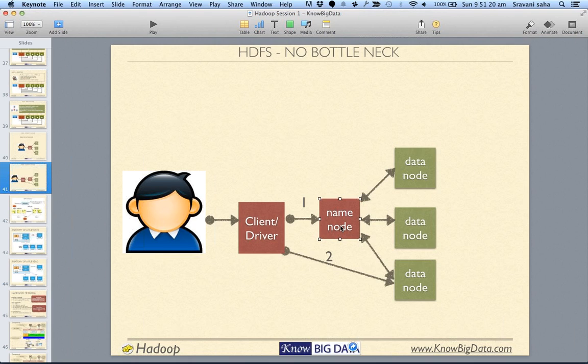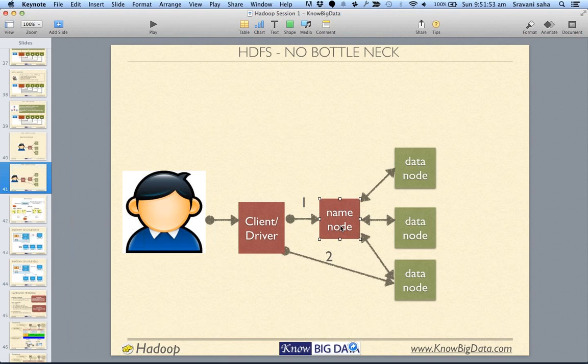So effectively, name node has a mirror copy of itself in the form of secondary name node, or some people call it a backup name node. The other design by non-Apache groups is called backup name node. Backup name node is always readily available, just like name node. The moment name node goes down, you can swap it with the secondary name node.